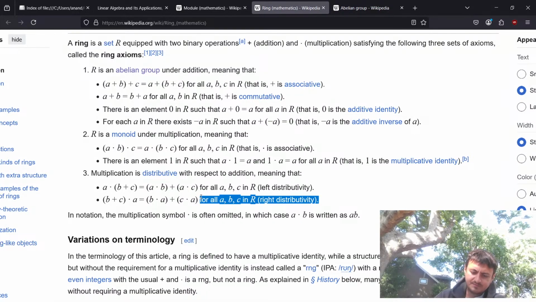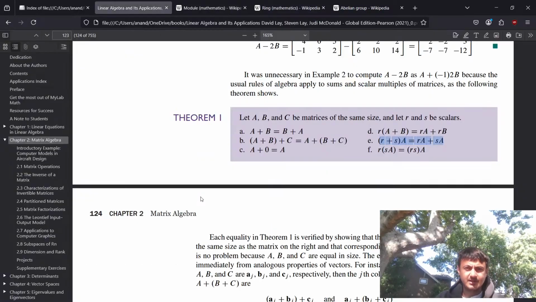So this is called left distributive, and this is going to be R plus S times A equal to RA plus SA, and this is right distributive. Okay, what else do we have?